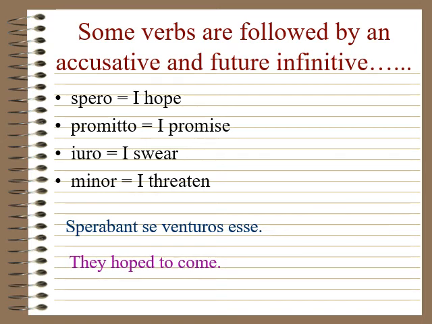I promise. Not everybody holds their promise. Or swearing, not somebody swears and doesn't follow through. Same thing with threaten. It always is going to take a future. And there's an example. Sperabant se venturos esse. They hoped that they would come.